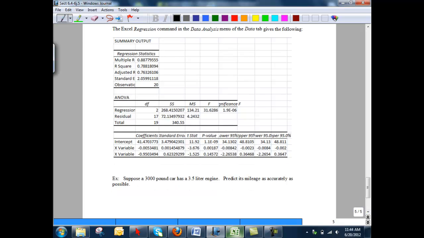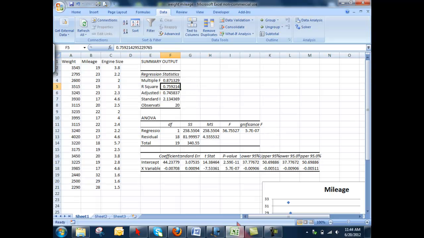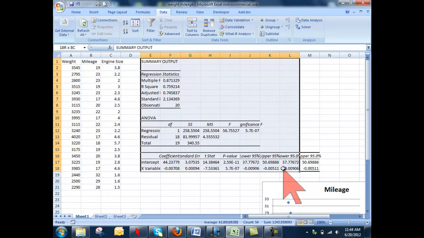Okay, let's go back to our Excel spreadsheet. And here are the weights, mileages, and engine size out of the table. I think I'll first go ahead and clear out some information here that we had before.